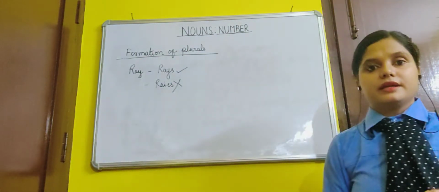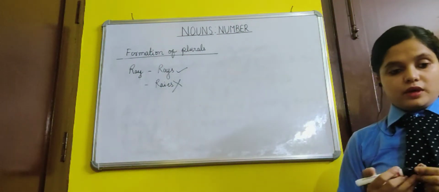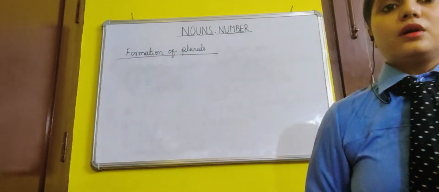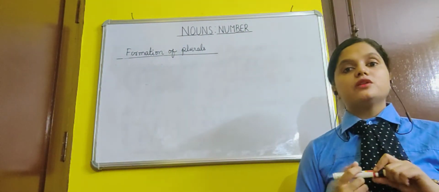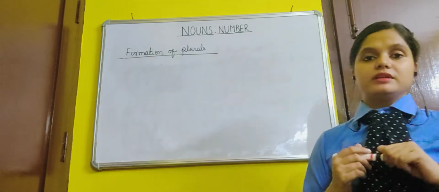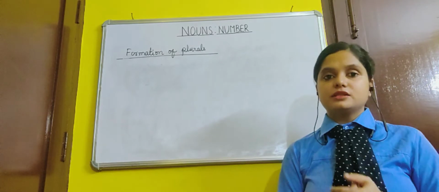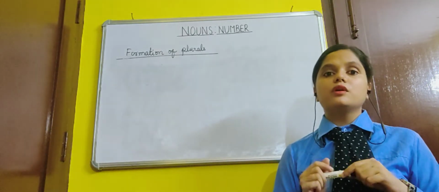Rays will be correct. Okay, now move further. If a word ends with o, what will we do? We will add es to it to make the plural form.